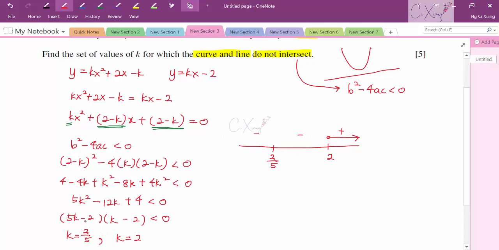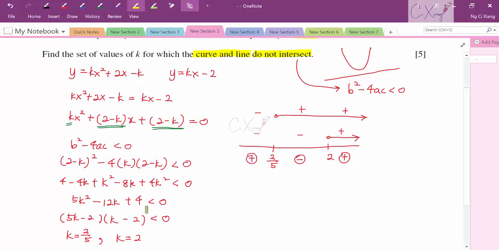So for this bracket 5k minus 2, if I substitute any value that is greater than 2 over 5, then this particular bracket will be positive. Therefore, I draw the line to the right hand side. So this is plus, plus, and minus. So plus and plus multiplied with plus, you get a plus. Plus multiplied with minus, you get a negative. Negative, negative, you multiply together, you get a positive.